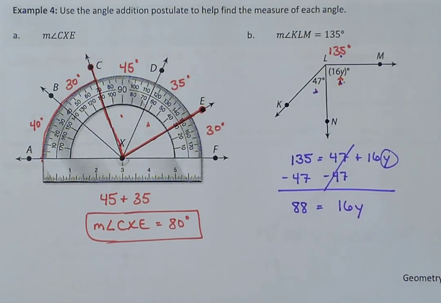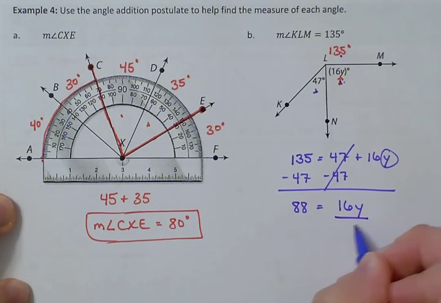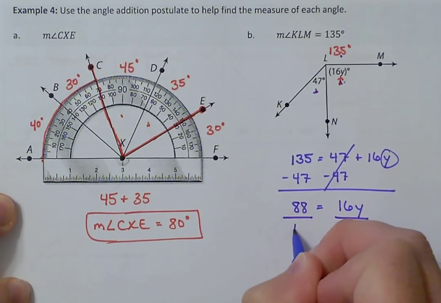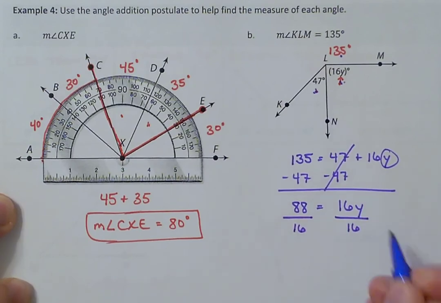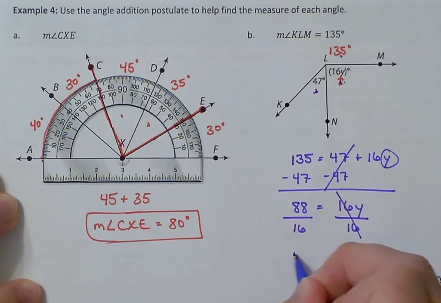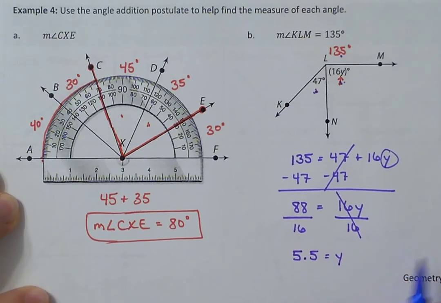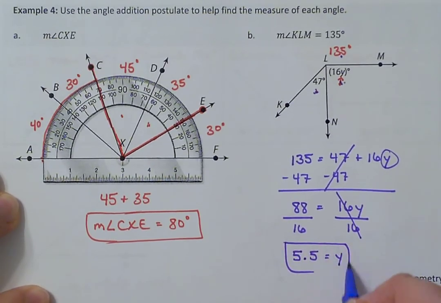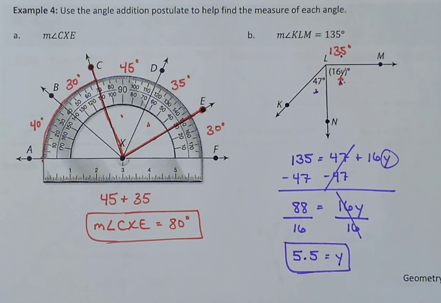That 16y, if you recall, implies multiplication, so 16 times y. The opposite of multiplying is dividing, so I divide by 16. It cancels out on the right, and 88 divided by 16 is going to be 5.5. So y equals 5.5.